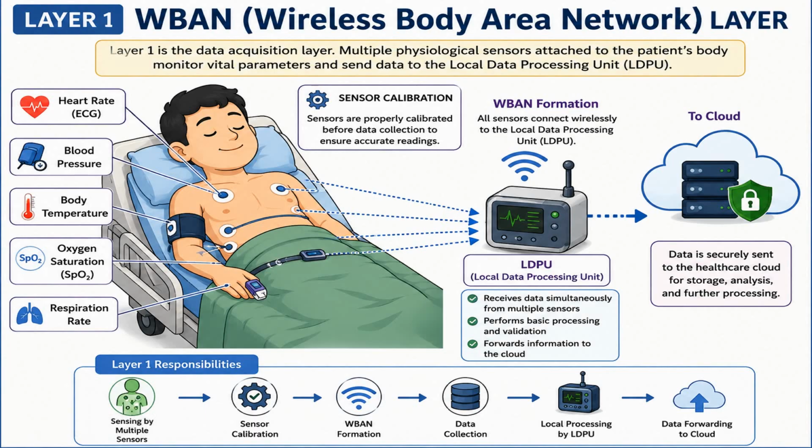So this first layer serves as the foundation of the AmbuSens system by enabling continuous health monitoring, accurate data collection and reliable transmission of the patient information to higher layers for storage, analysis and medical decision making.